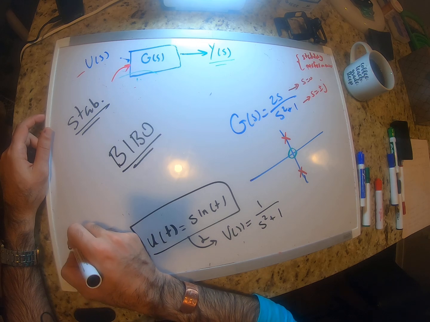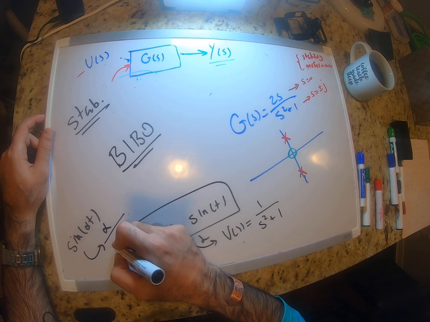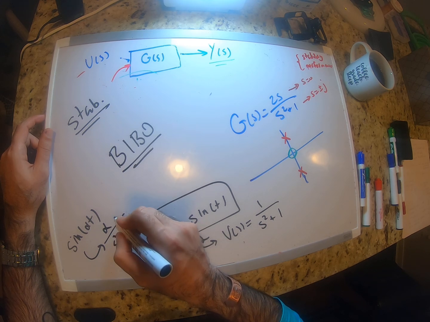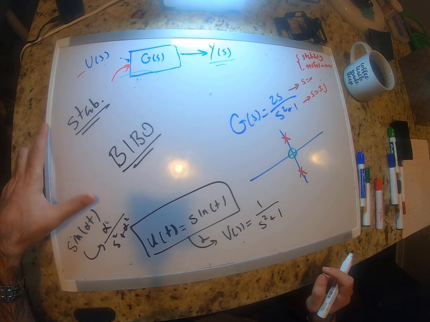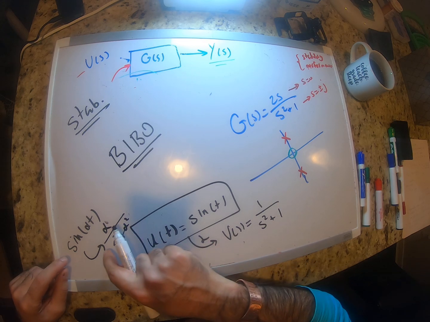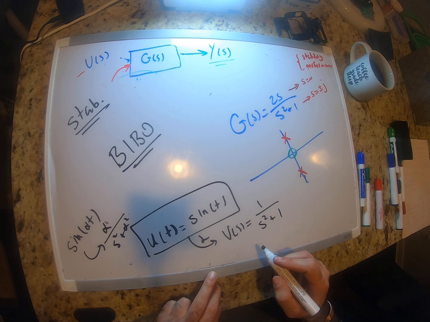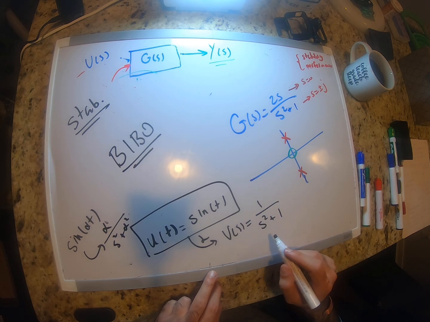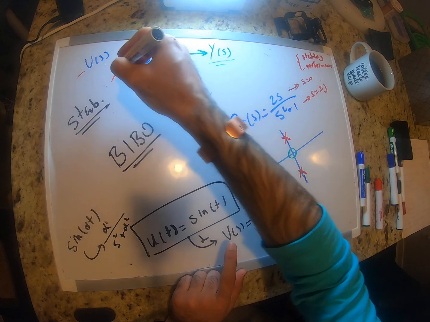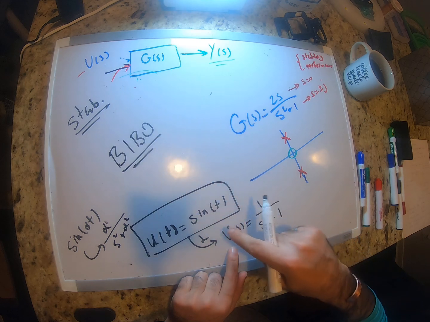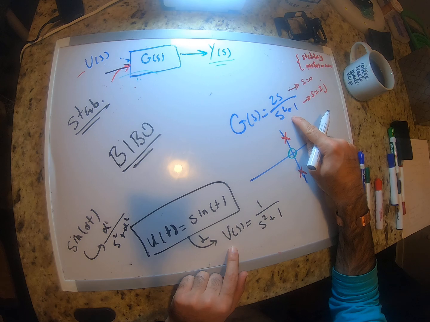For sine of alpha t, the Laplace transform is alpha divided by s squared plus alpha squared. I might be wrong, so you can look at your table. Anyways, this is our input in the frequency domain, and this is our transfer function.